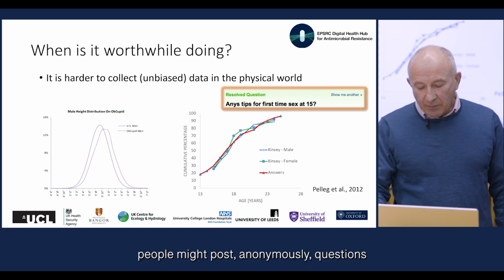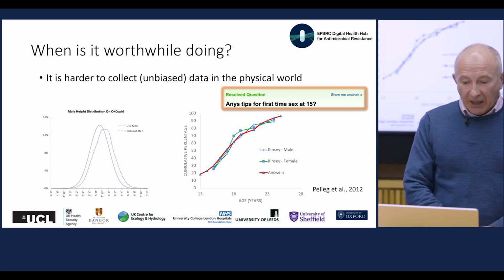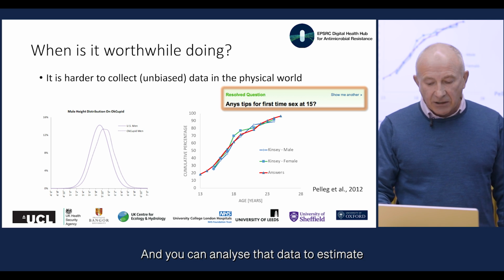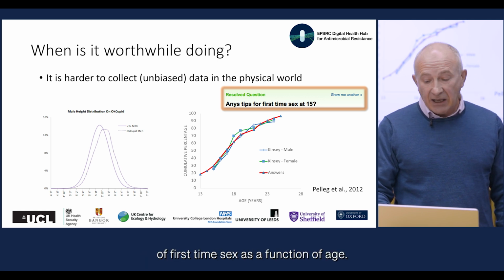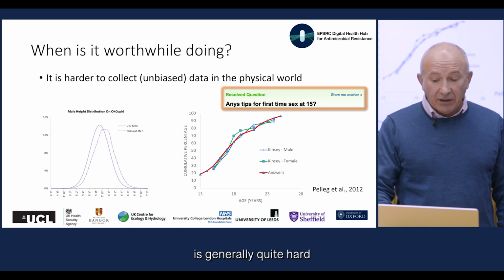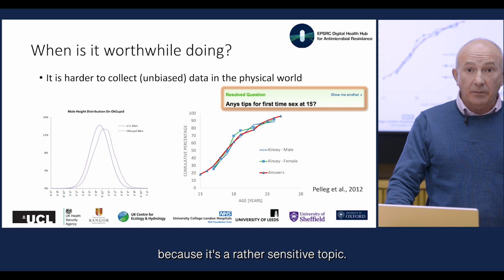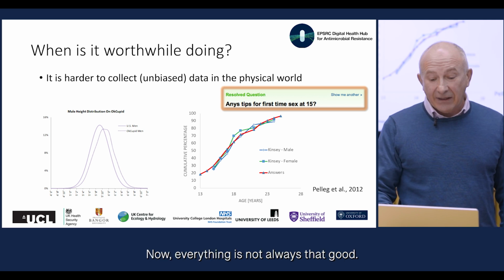And here, people might post anonymously questions like, any tips for first-time sex at 15? And you can analyze that data to estimate the probability of first-time sex as a function of age. And that data, of course, is generally quite hard to collect in the physical world because it's a rather sensitive topic. Now, everything is not always that good.